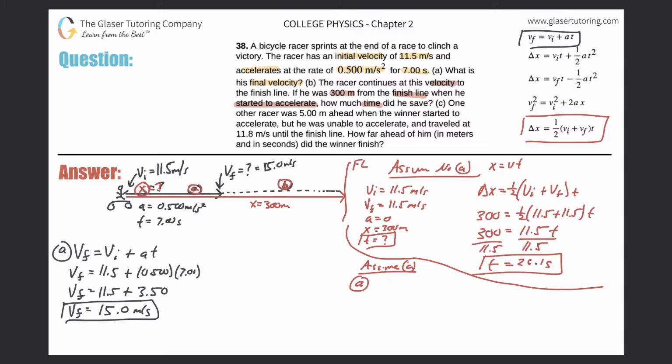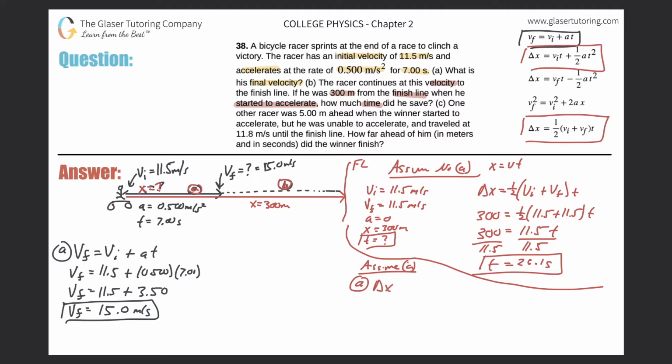Well, I need an equation that relates initial velocity, acceleration, and time. The final velocity I did find, so I could even use that. If we go back and look, it looks like we can probably use equation number 2 for our purposes here. Let me backtrack those circles off to keep it a little neater, and let's write that equation down.